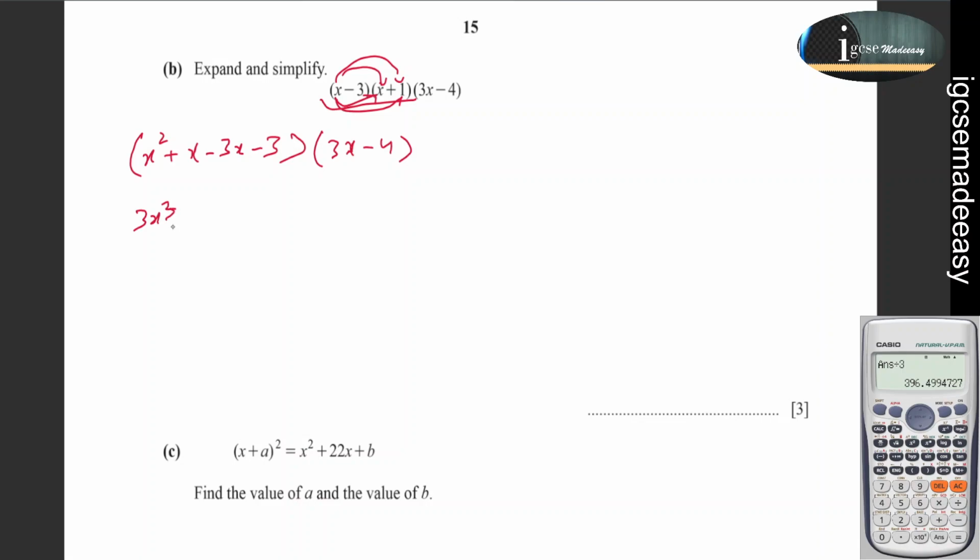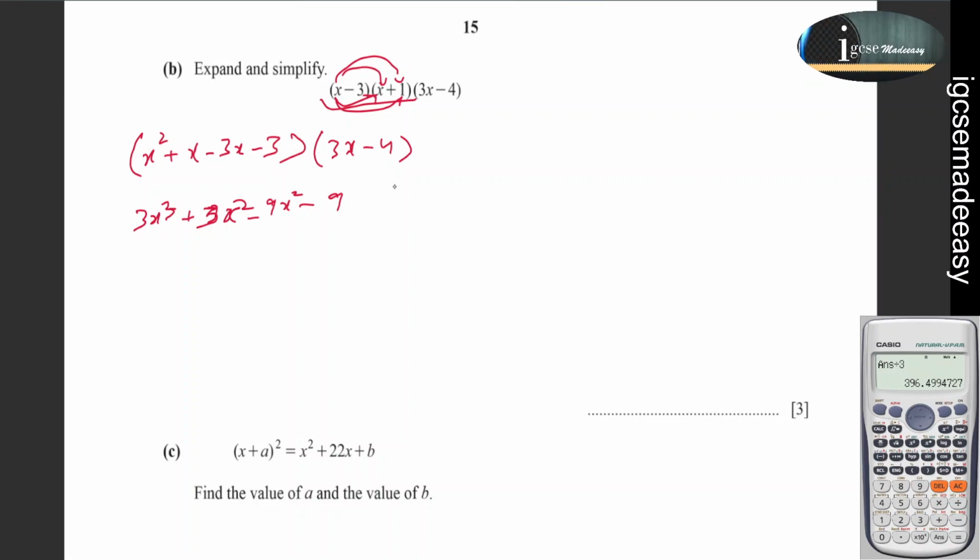Then 3x into x is plus 3x square. Then 3x into minus 3x is minus 9x square. Yes, minus 9x square. Then 3x into 3 is minus 9.